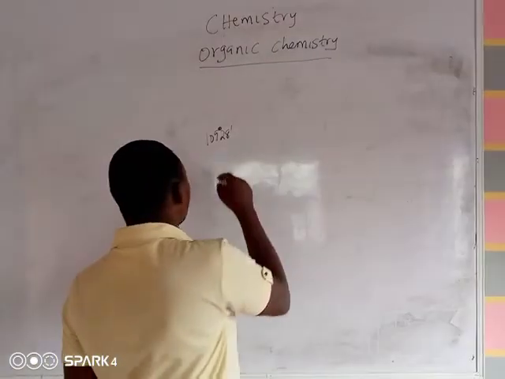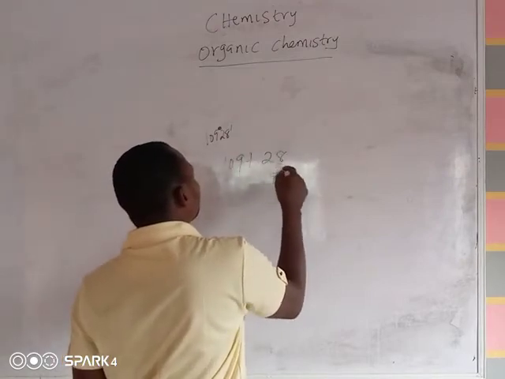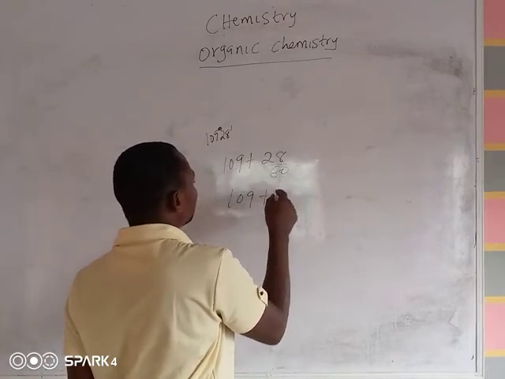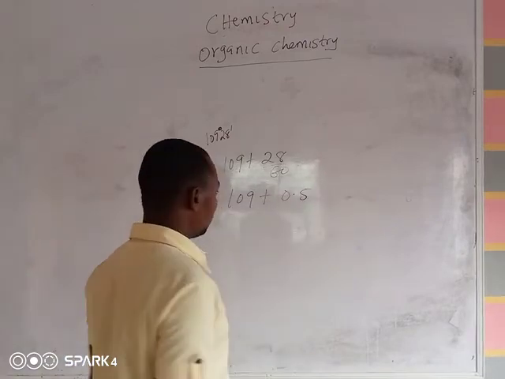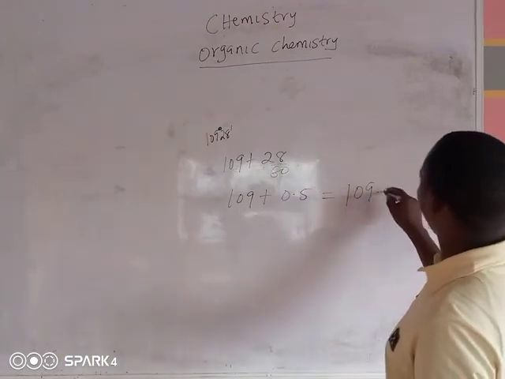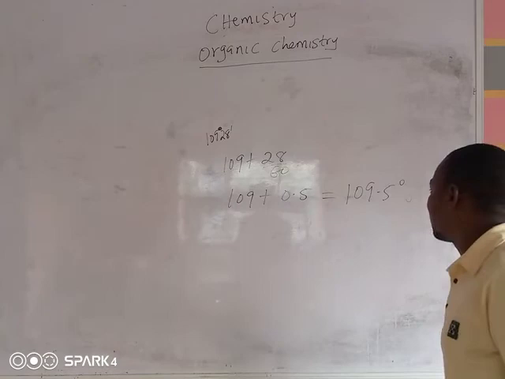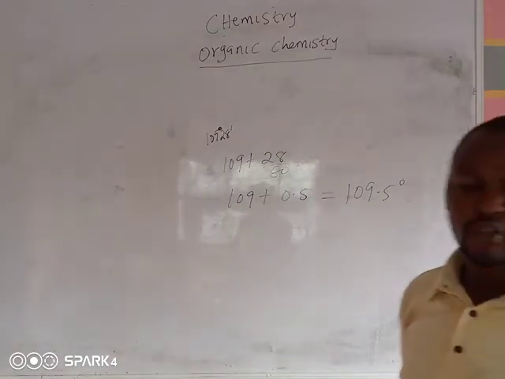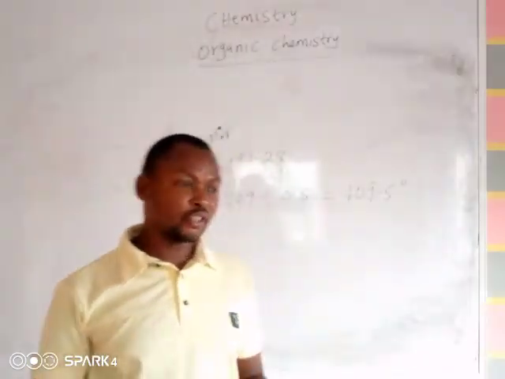So if we do that, we have 109 plus 28 over 60, which gives us 109 plus 0.5 approximately. So that gives us 109.5. So the bond angle of alkane is 109.5.